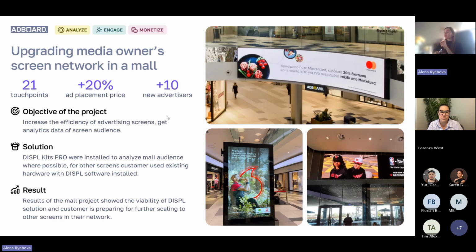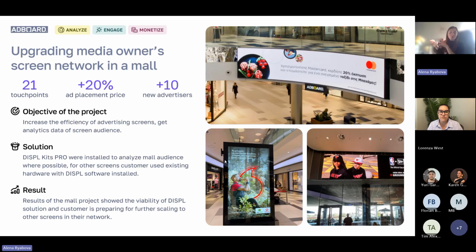Here in the mall, we see that here is the sensor and here is the screen, and the company is selling ads. They make money by selling ad space to different advertisers. When they decided to add analytics, they started selling this data to their advertisers. First, they said, see here, we have more people, more engagement.